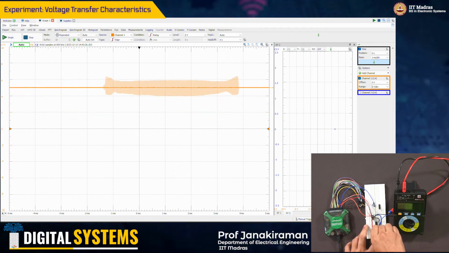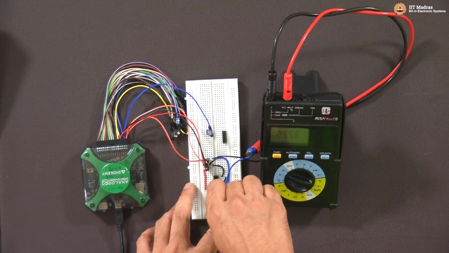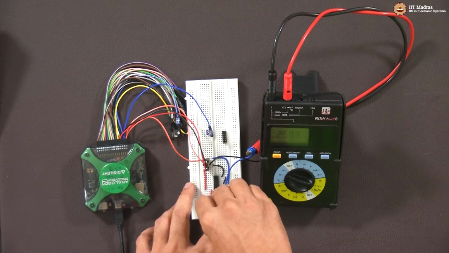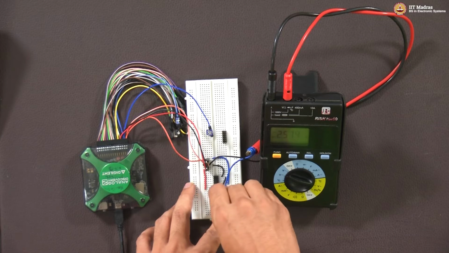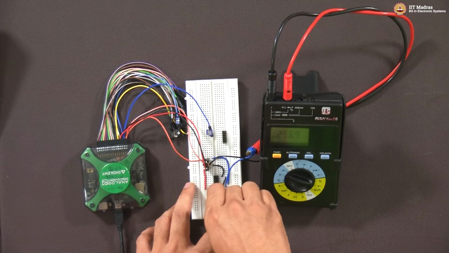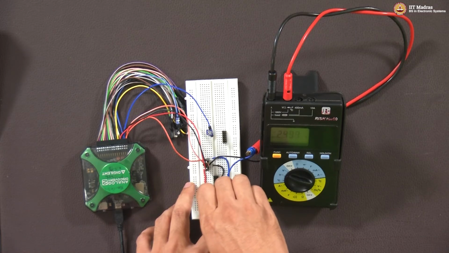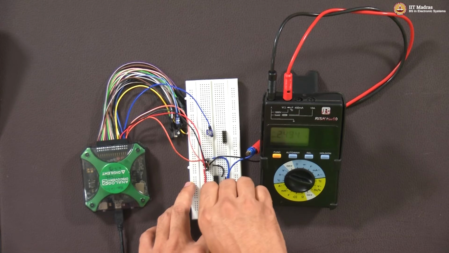So you see suddenly the output started dropping. I am going to now go slowly here. Somewhere near 2.6 volt the output has dropped. I am going to go back. You see this, it's struggling somewhere there.